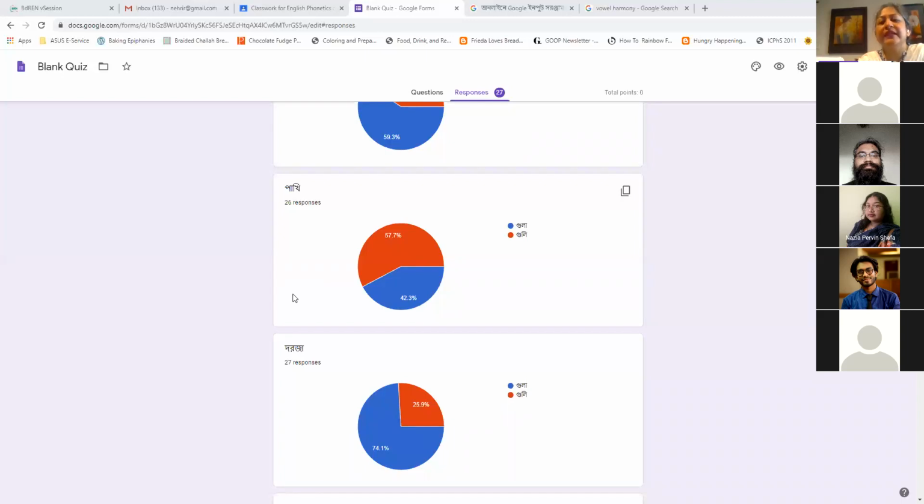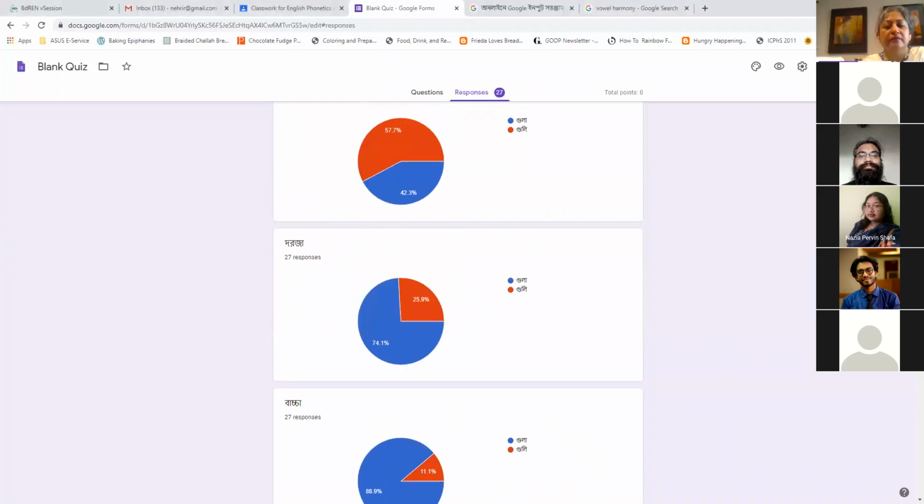So let's go back. All right. So it seems like in Bangla, when we look at all the Dorja, Gula, again, it seems like there is harmony. So maybe sometimes without thinking we do harmonize, but maybe we don't.